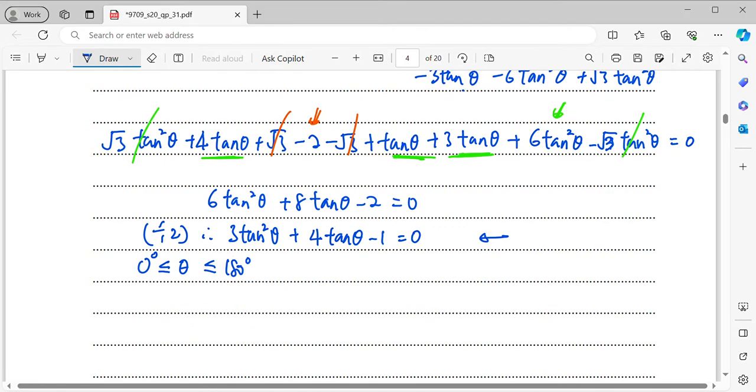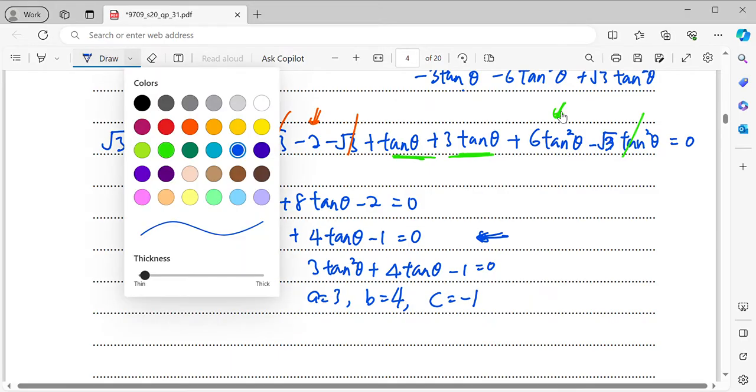Which means now I have to solve this quadratic equation. This quadratic equation cannot be factorized. Therefore, I have to list down my a, which is the coefficient for tan squared, which is 3. My b is 4. And then my c is −1.